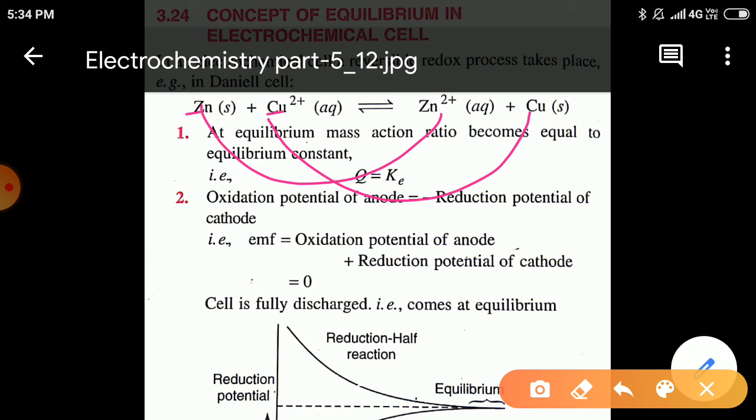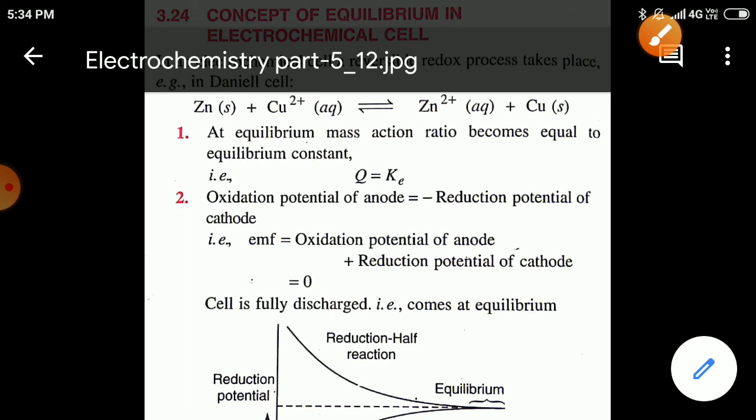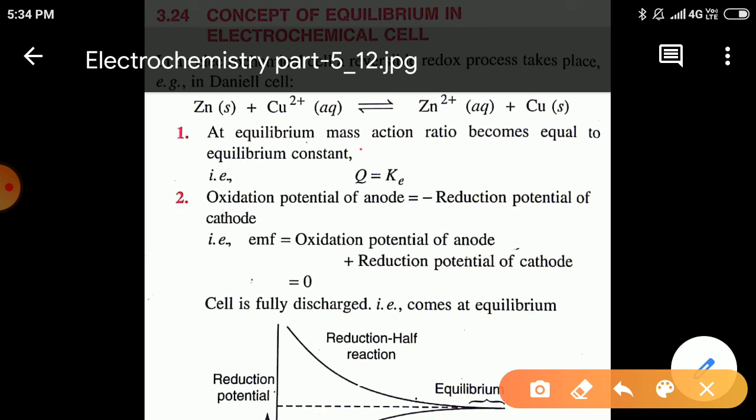At equilibrium, the mass action ratio becomes equal to the equilibrium constant. In such a condition, Q, the reaction quotient, is found to be equal to the equilibrium constant.